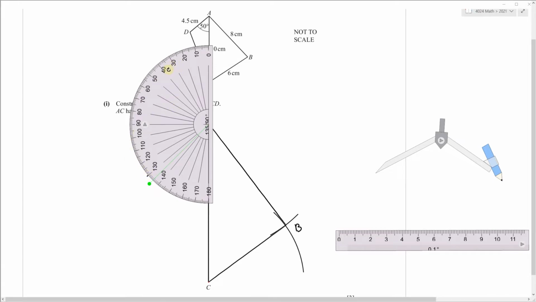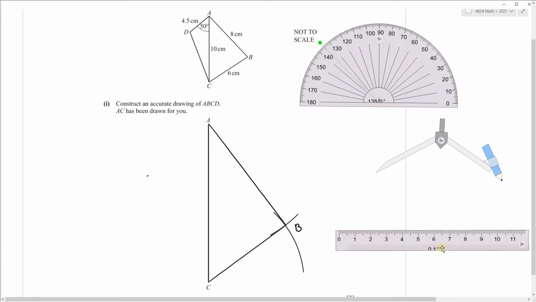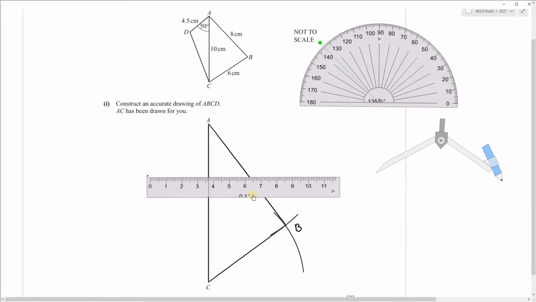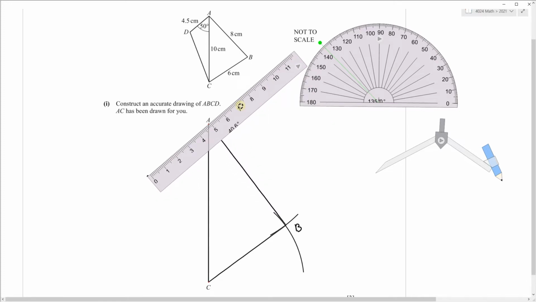And the length is 4.5 centimeters. So I have to make sure I only draw a line that is 4.5 centimeters long in this direction, which makes an angle of 50 degrees. So let's do that. For example, I'm starting with 5 here. So 4.5 will be 1, 2, 3, 4, and 4.5 here will be at this point 0.5.